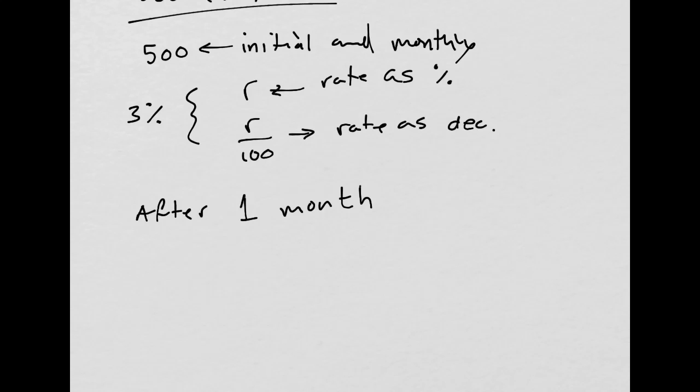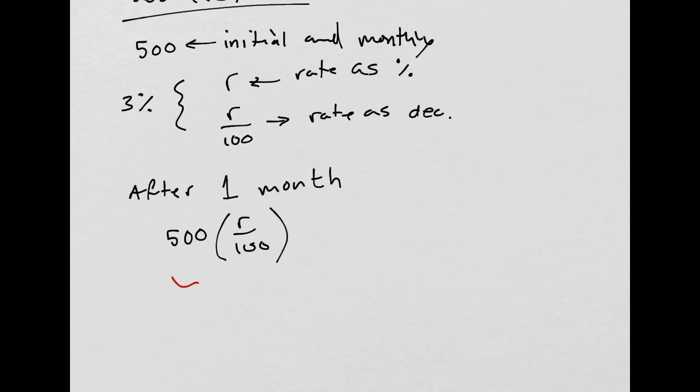So the interest will be 500, and it's 3%. So I want to know 3% of 500, and I do that by multiplying by R divided by 100. That would be the 3 divided by 100. So this step right here is the interest, the dollar amount of interest after the first month.